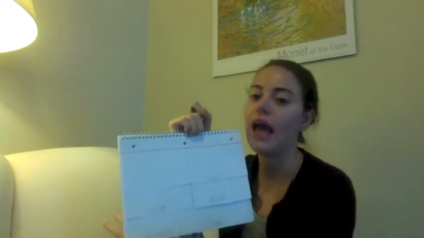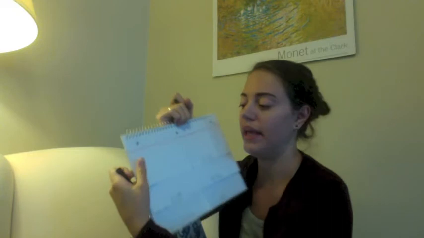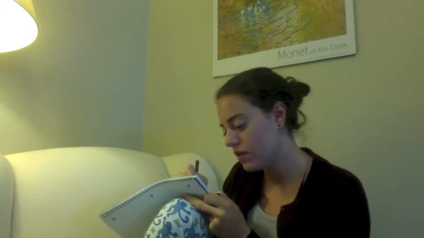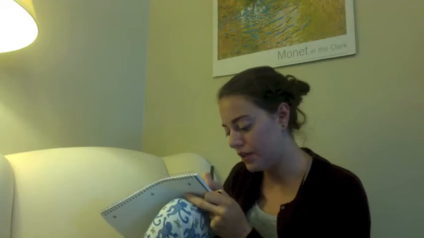On this blank one, what we're going to write, and you can write this in cursive, in all capitals, however you want to make it look nice, we're going to write key vocabulary for geometry.